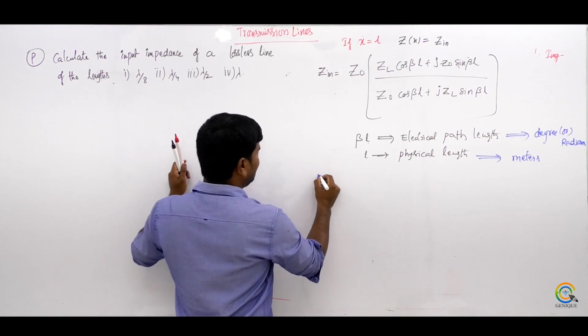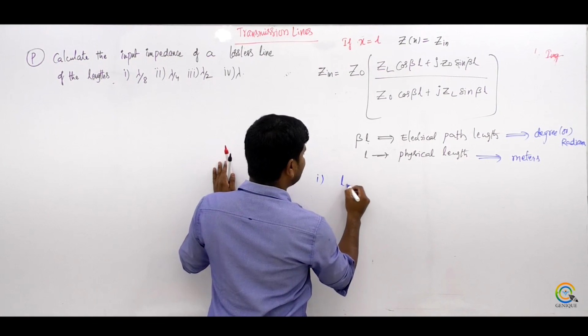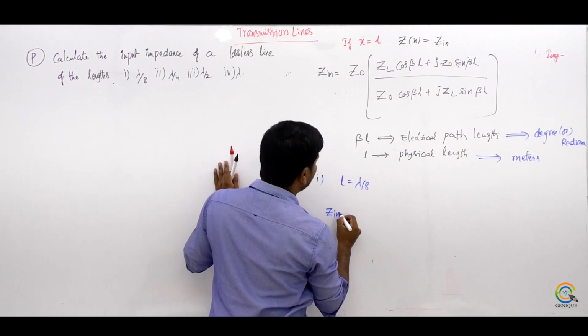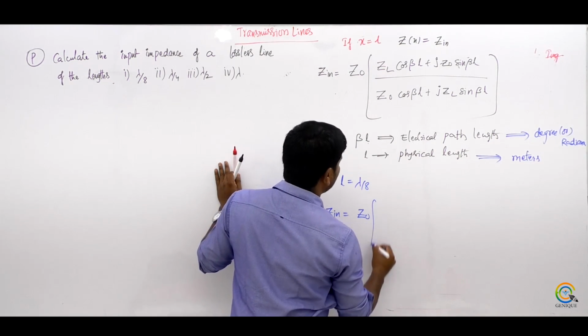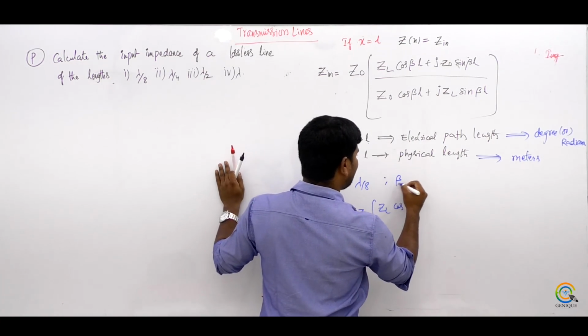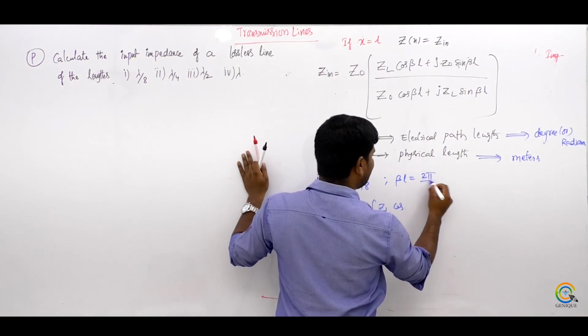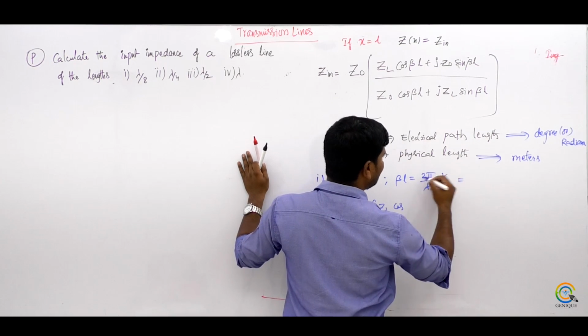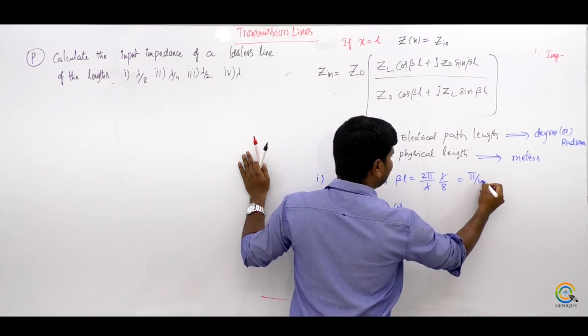Now come to the first one. L is given as lambda by 8. Now from this, what is Z in? Z in equals Z naught (ZL cos beta L plus j Z naught sin beta L) divided by (Z naught cos beta L plus j ZL sin beta L). Beta L is 2 pi by lambda into lambda by 8, which gets cancelled to pi by 4.